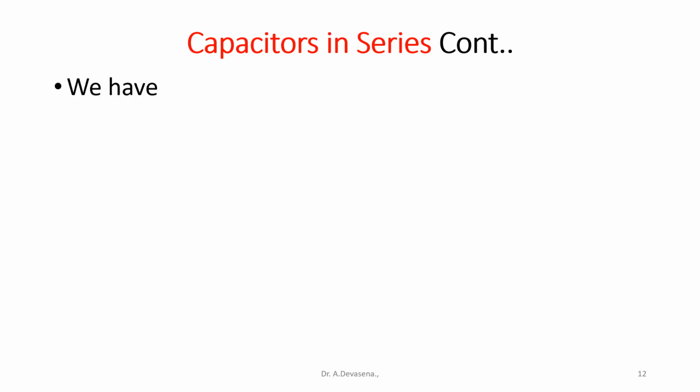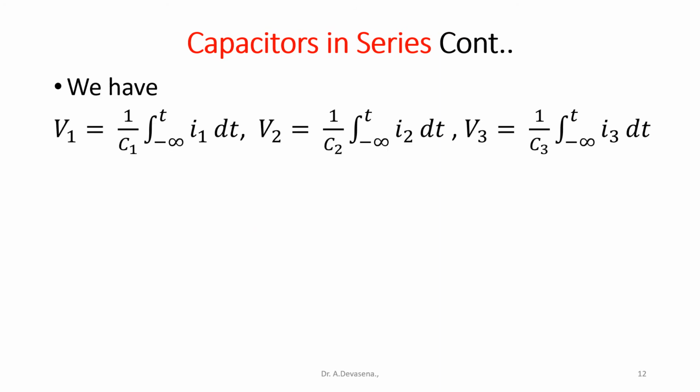We have V1 is equal to 1 by C1 integral of minus infinity to t I1 dt. V2 is equal to 1 by C2 integral of minus infinity to t I2 dt. V3 is equal to 1 by C3 integral of minus infinity to t I3 dt. While the total voltage V is equal to 1 by C equivalent integral of minus infinity to t I dt.